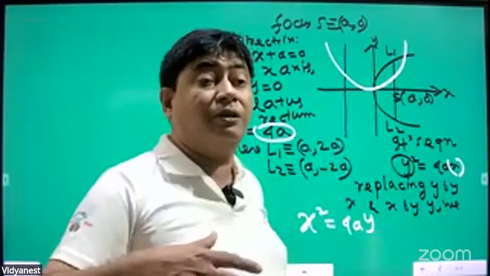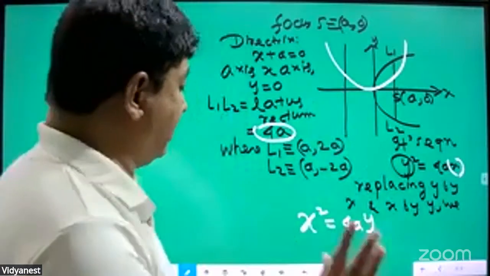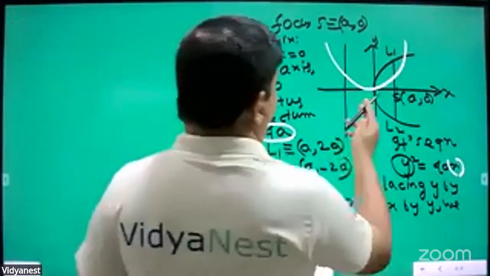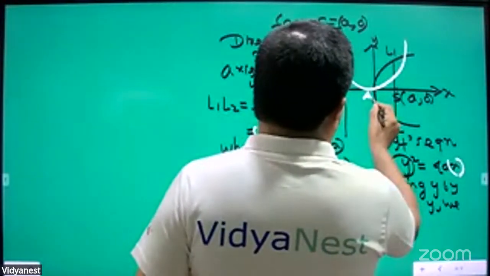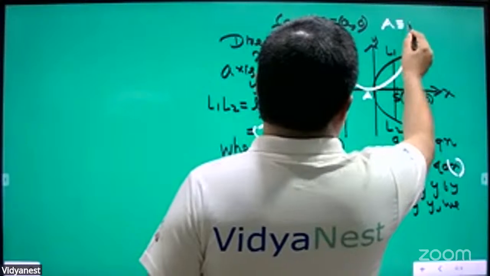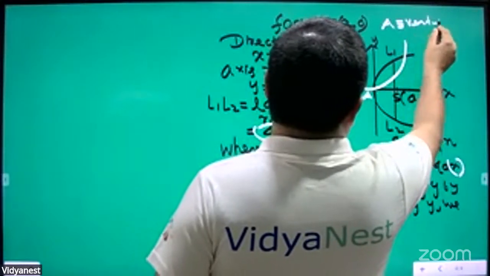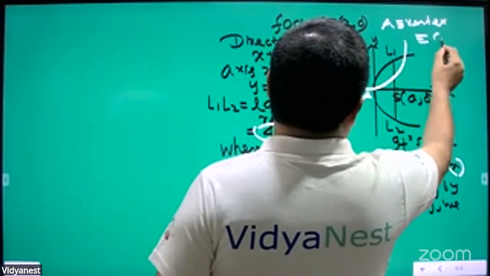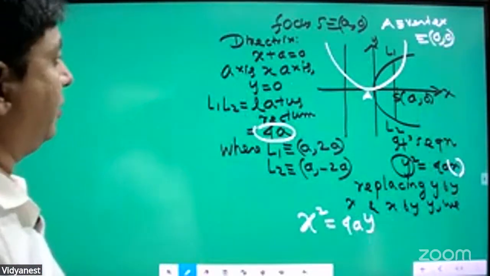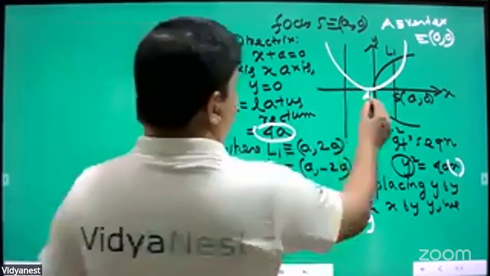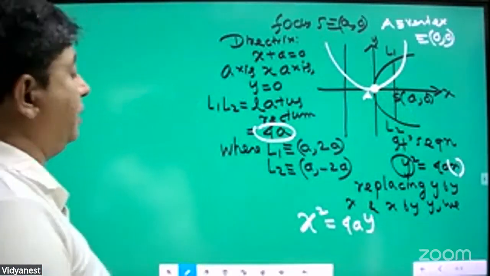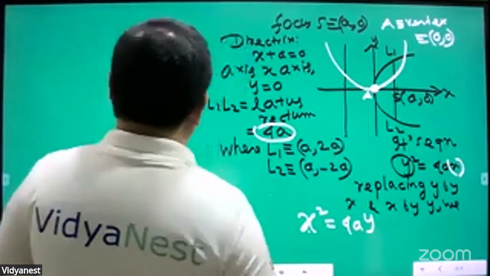It is one of the properties of symmetry we'll discuss in a short while. This is the vertex, origin. Vertex is at origin.